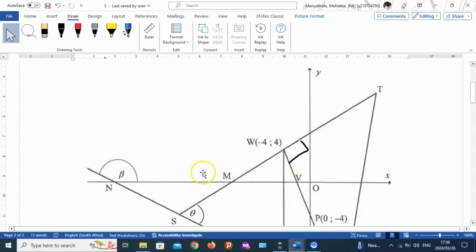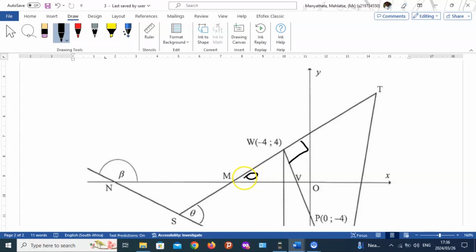In triangle MWV, we can find the angle M and we can find the angle V. How are we going to do that? We have the equation of ST, which is given: y equal to 1 over 2x plus 6. To find angle M in triangle MWV, the tangent of the angle is equal to the gradient.